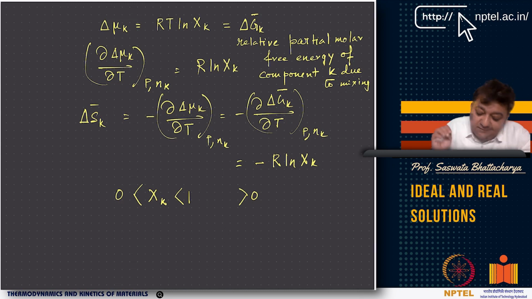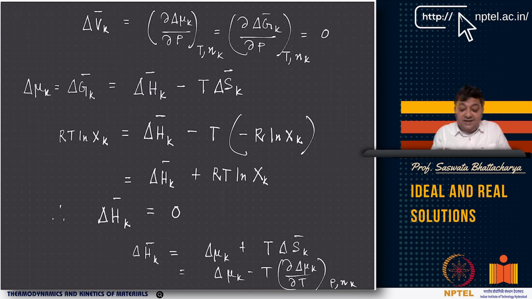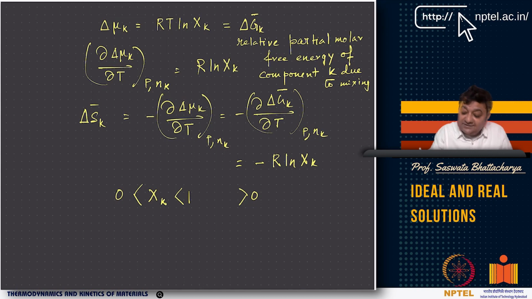Now from delta mu K, once I know it, I can know del delta mu K del T at fixed P and nK, and then I can know delta S K bar, which is minus R ln xK. I proved that it has to be minus R ln xK, so that delta S K bar is greater than 0. It's the change in partial molar entropy due to mixing of component K.